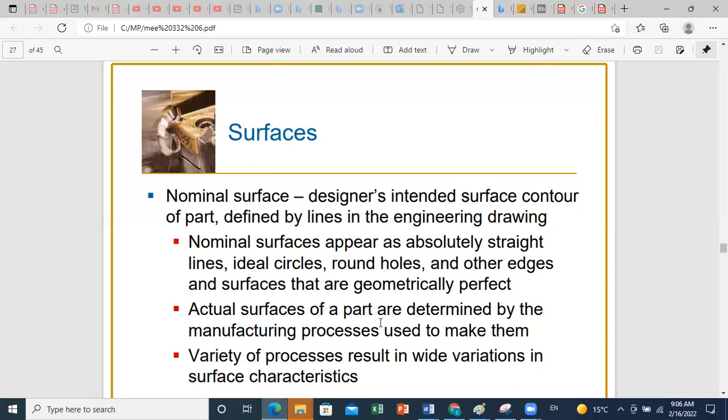However, actual surfaces are determined by the manufacturing processes used to make them, and a variety of processes can result in wide variations in surface characteristics. So if you desire very good accuracy, you need to go through several processes until reaching the final product you want.